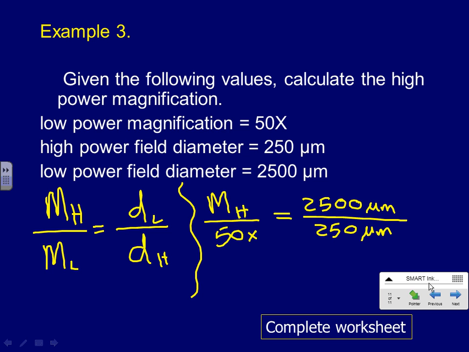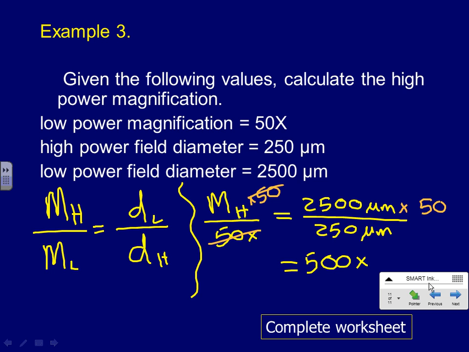I'm going to multiply both sides by 50 times, and that 50 times is the magnification. We can cancel out the 50s, and what do we get for a number? Yep, Allison? 500. So this particular microscope has a 500 times magnification under high.